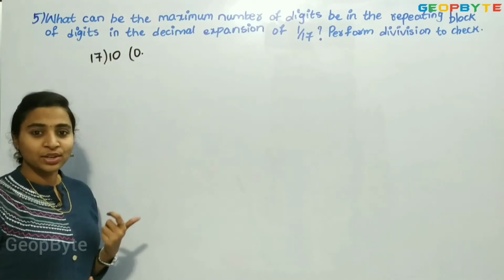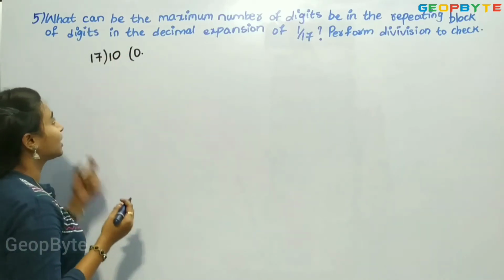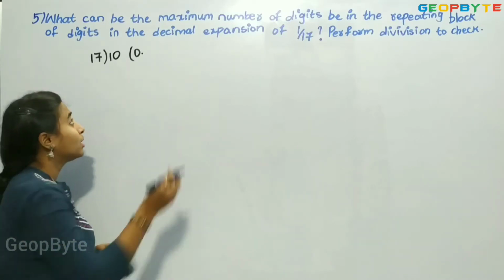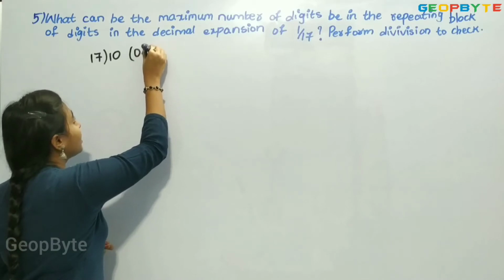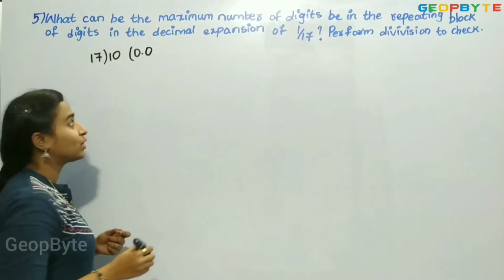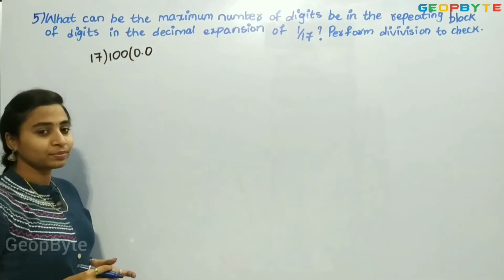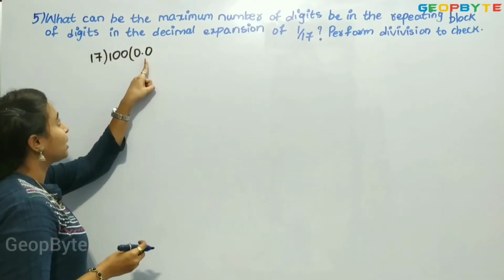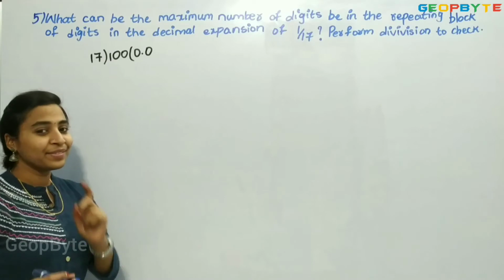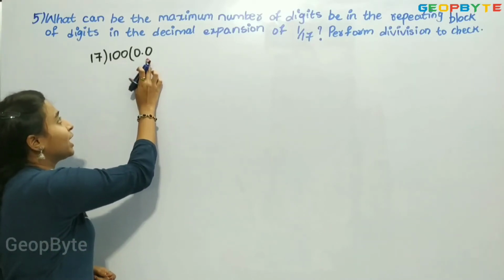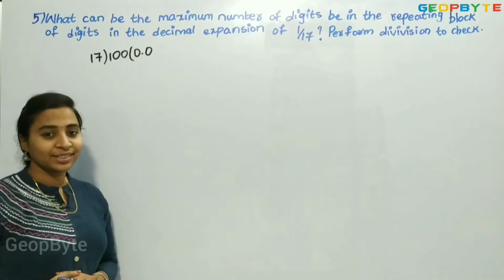Now we can put a 0. After putting a 0 also, 10 is smaller than 17. Again we need to put a 0. For the decimal point we get only one 0. For one more 0 we need to take 0 in the quotient.